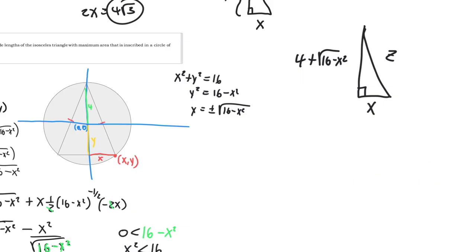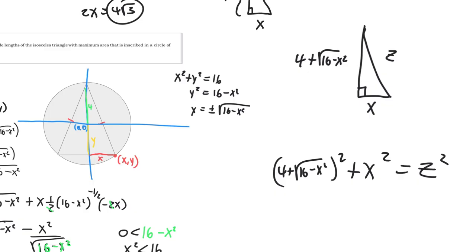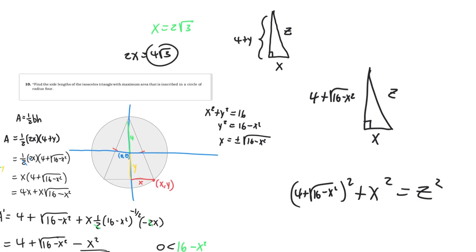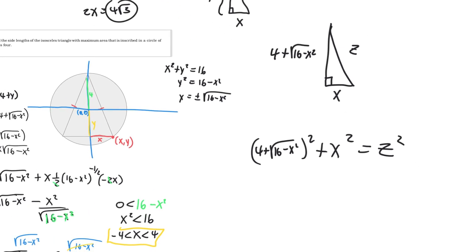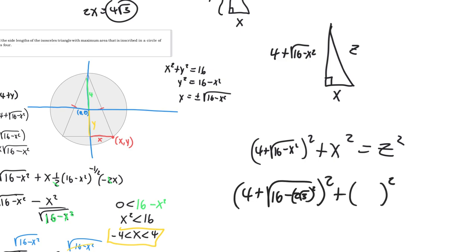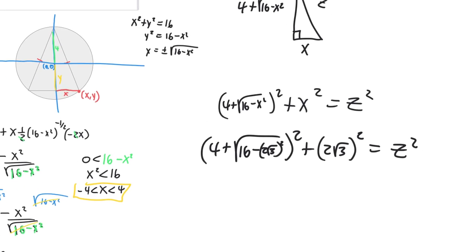That's going to be 4 plus 16 minus x squared. Now, we can substitute 2 radical 3 in for x right now. So we have 4 plus 16 minus 2 radical 3 squared, and that whole thing is going to be squared plus 2 radical 3 squared, and that's going to equal z squared.